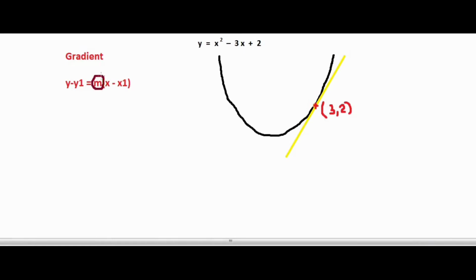So what is m? M is the gradient, and (x1, y1) is the point of contact, where x1 is 3 and y1 is 2. So we got x1 and y1. Now our task is to find the gradient.